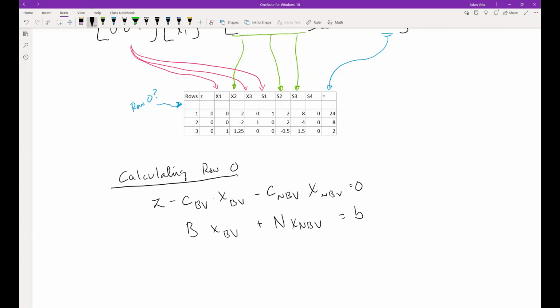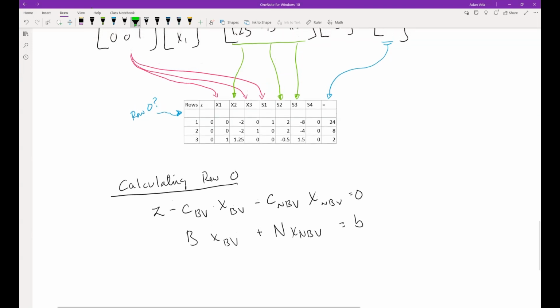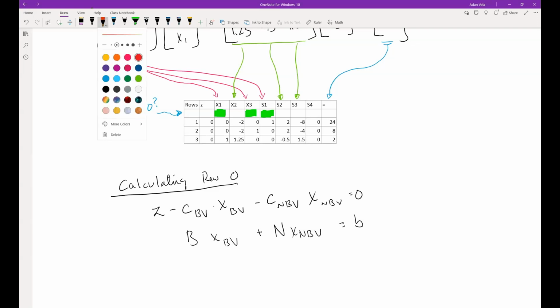All right. Now, this is going to take 2 steps, and essentially what we want is, we know that for our basic variables, okay, so in row 0, S1, X3, and X1, this is going to be equal to 0.